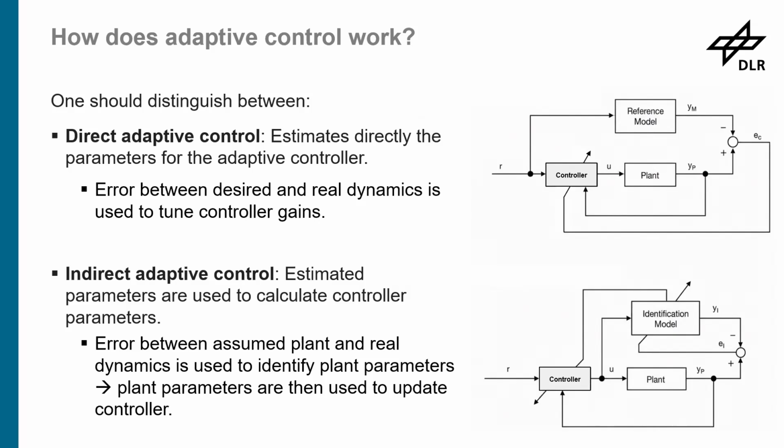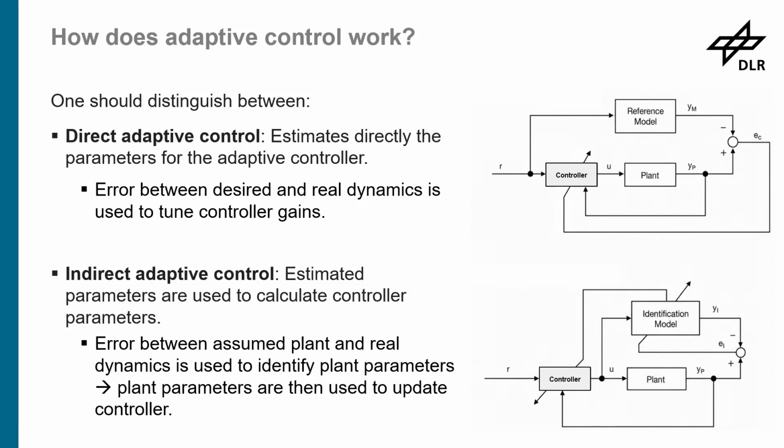And for system identification, you need persistent excitation to the system to learn the parameters and then tune the controller. If you don't have that, you have a problem. For flight systems, you can't provide this all the time, right? So this is not a strong candidate, and also the stability guarantees are weaker. So direct adaptive control is better.